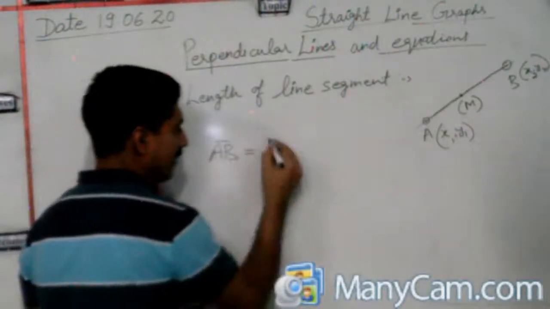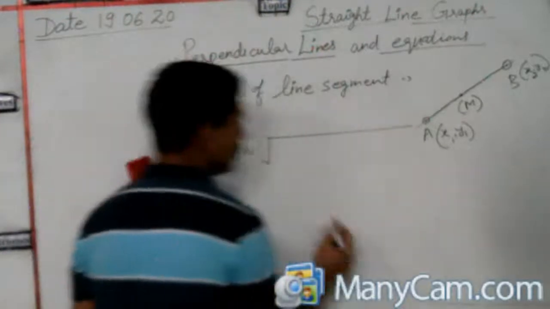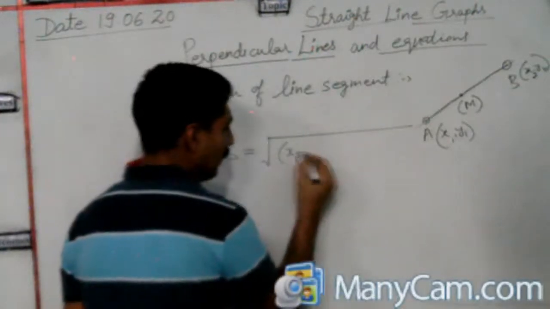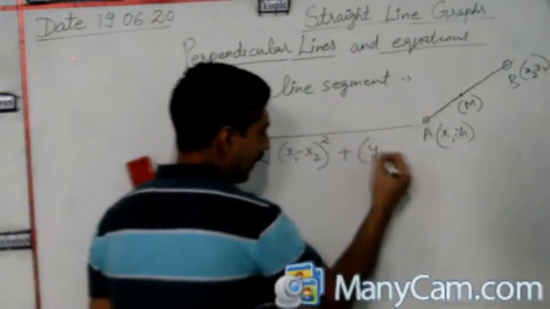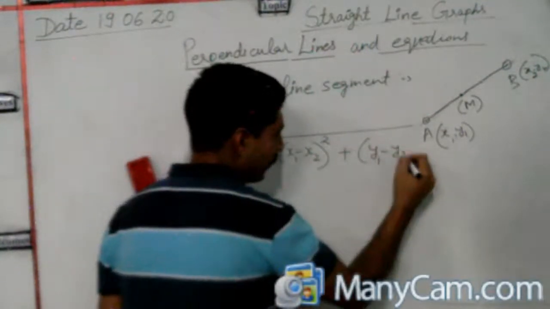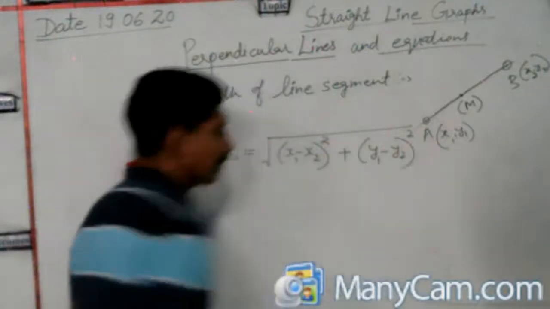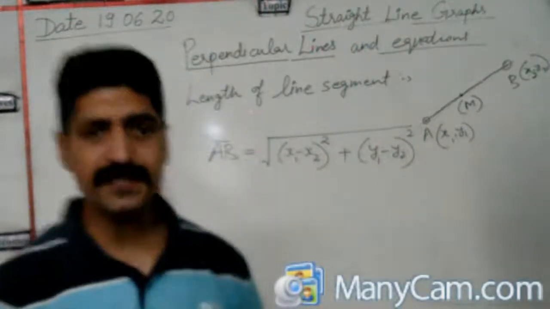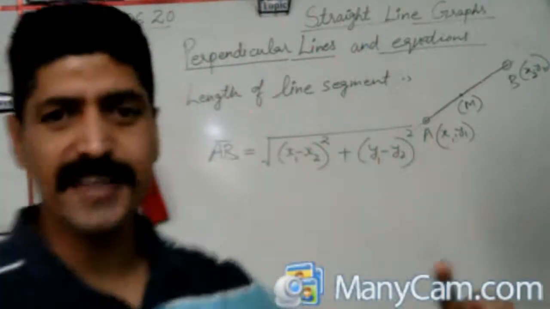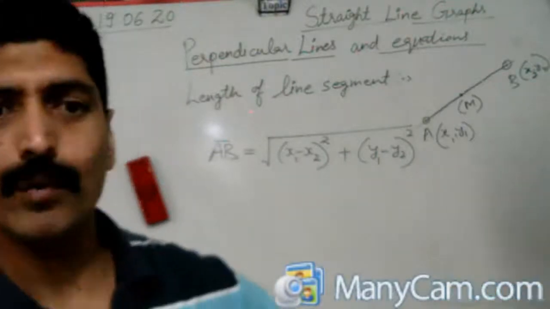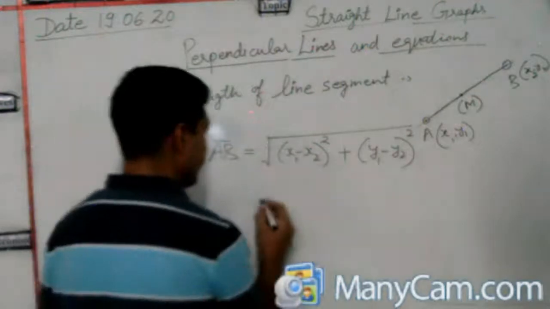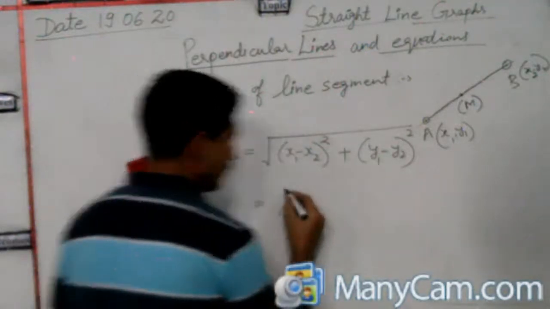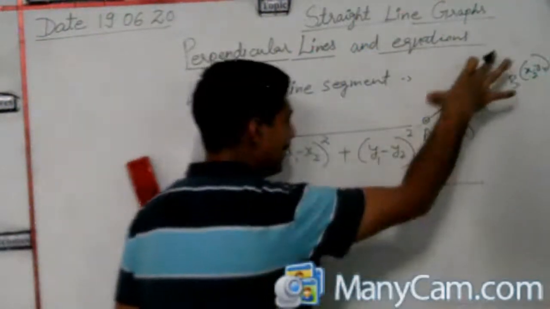The distance between 2 given points is always equal to the square root of x1 minus x2 whole square plus y1 minus y2 whole square. I have already discussed with you that you can interchange x1 with x2 or y1 with y2. The result will not change, the distance will remain the same.